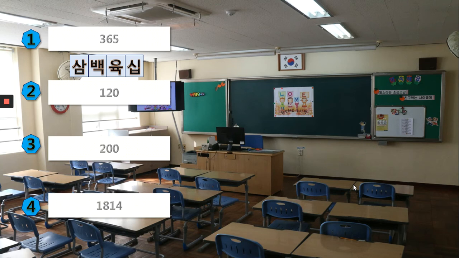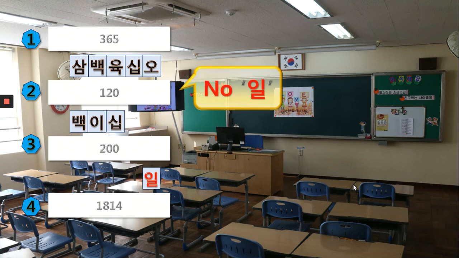And 5, 오. 365. How about 120? 1, 일, 100, 백. And 2, 이, 20, 이십 means 2 and 10, right? So 120. As you already noticed, this 1 is wrong. We need to omit it.